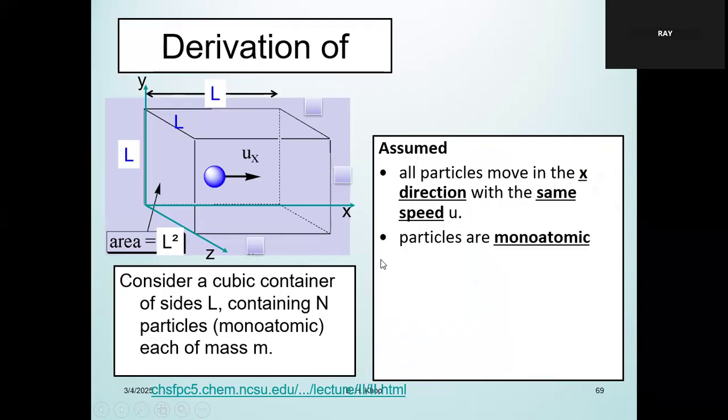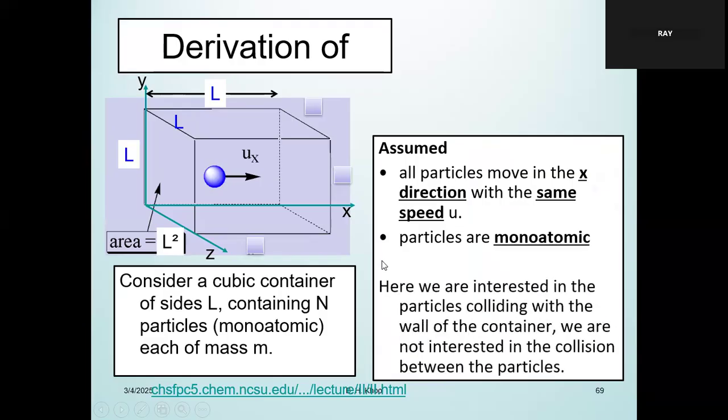Particles are monoatomic. Here we are interested in the particles colliding with the wall of the container. We are not interested in the collision between particles. There's no way we are going to measure that. The pressure is because of the particles hitting the wall.